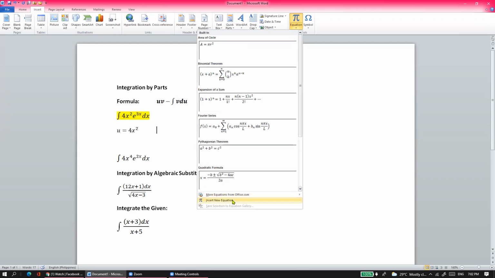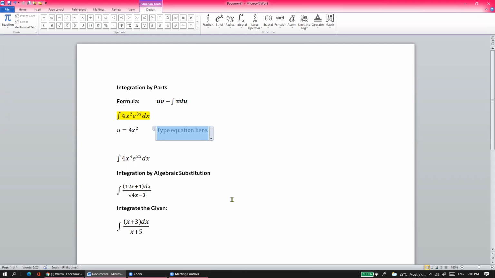So lagi natin ginagawa yan, ang mamili ng u at ang dv. So in this case, our dv is e to the 3x dx. So copy ko na lang.